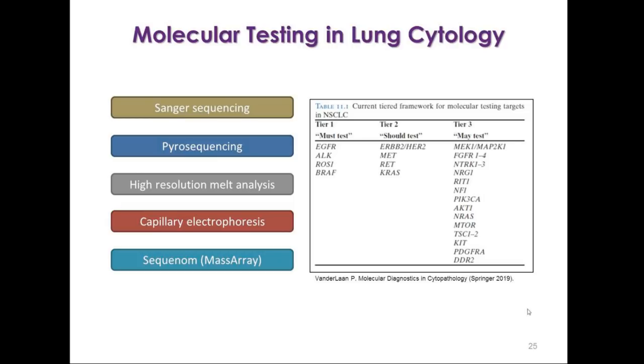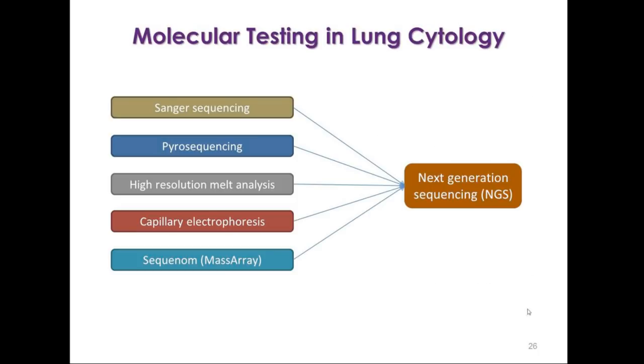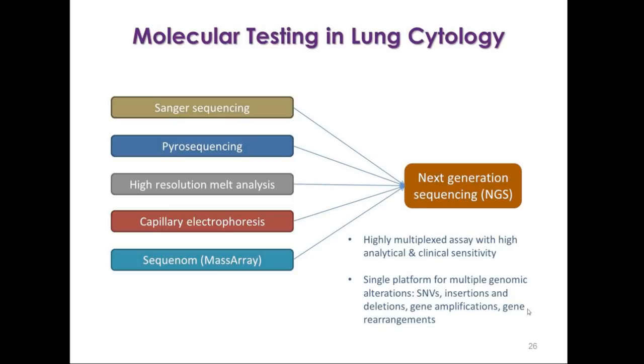So there is an increasing need to be able to test multiple genes at the same time, which is where next-gen sequencing comes in, because for the first time, we have an assay that has a really high clinical sensitivity, so it can do multiple genes at the same time, and it also has a high analytic sensitivity. We'll talk about the sensitivity of the assay in a little bit. And as I mentioned, it's a single platform.